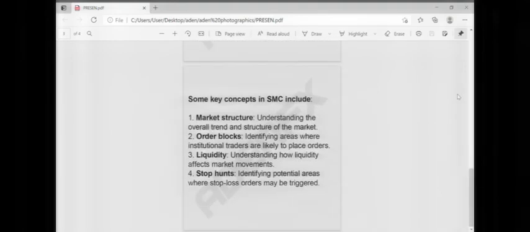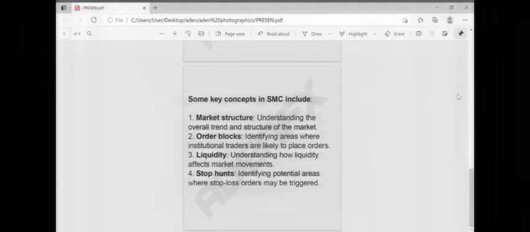Let's go to the next slide. Some key concepts in SMC include these very common ones. First, market structure: understanding the overall trend and structure of the market. If you don't understand this, there is nothing you can do in the market.